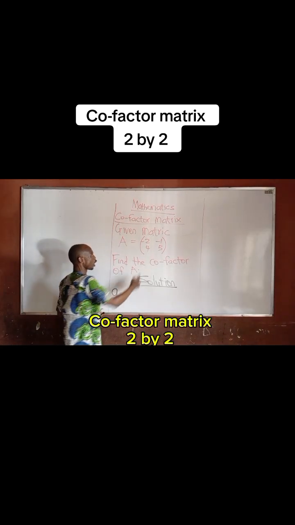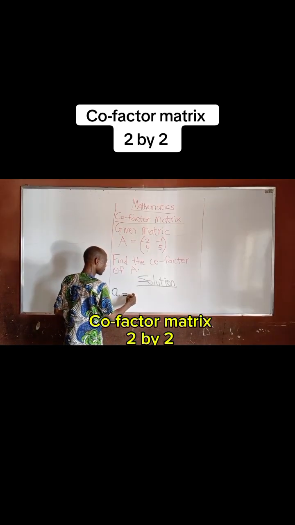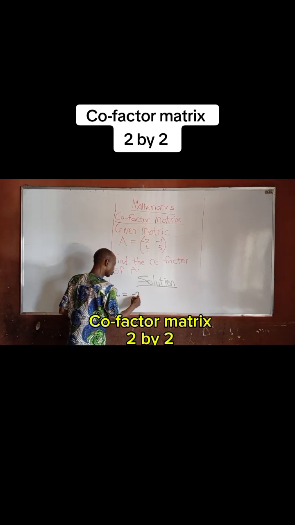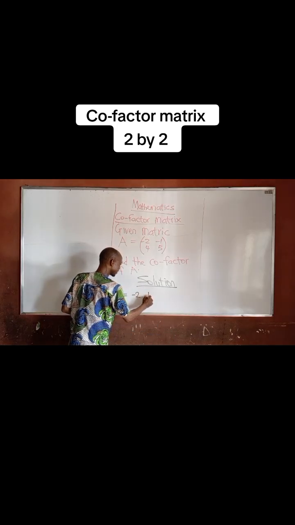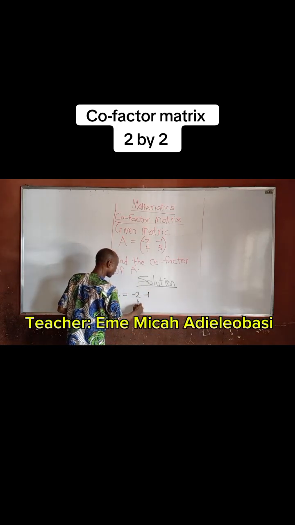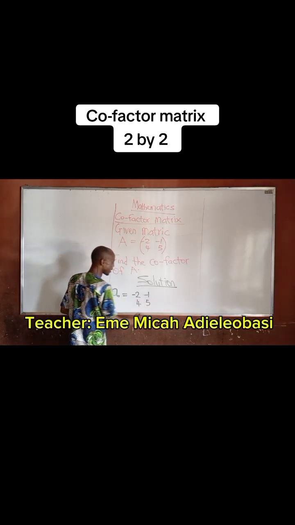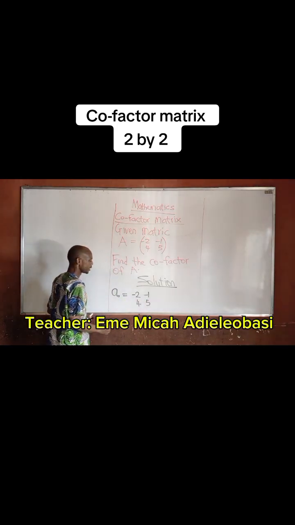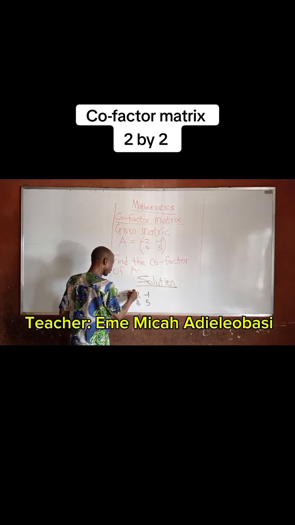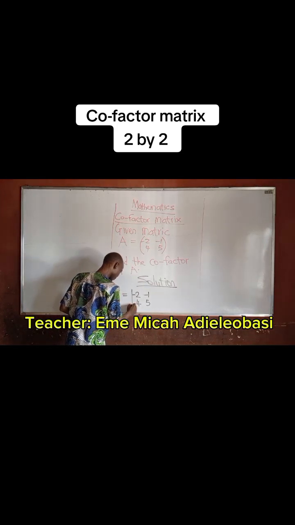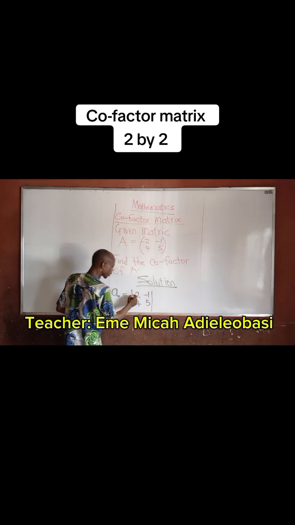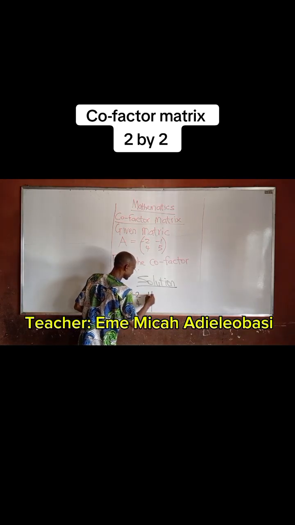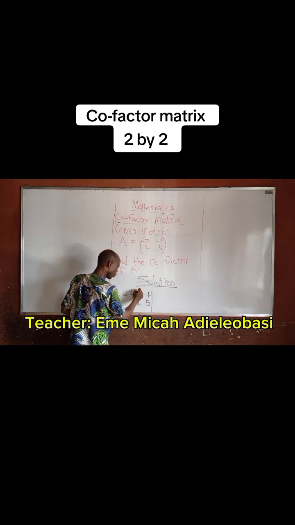We are going to close this value: minus 2, minus 1, 4 and 5. Now, we are going to close it. This determinant, we are closing row 1 and column 1.